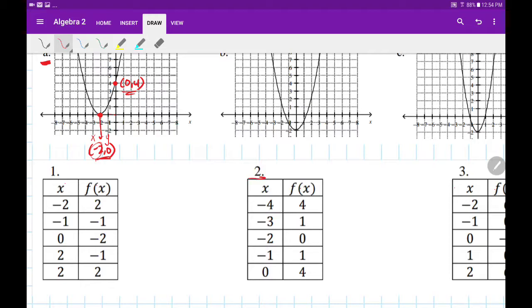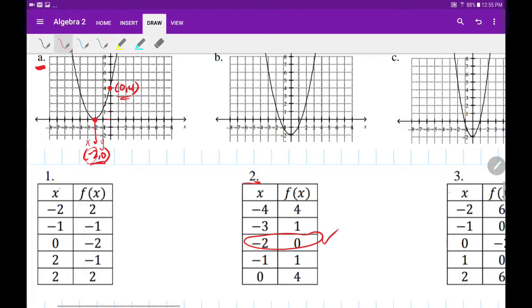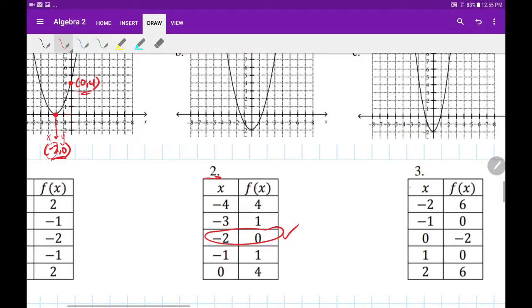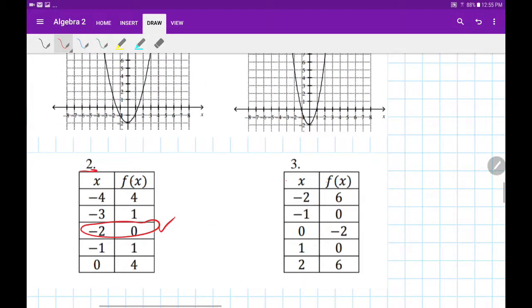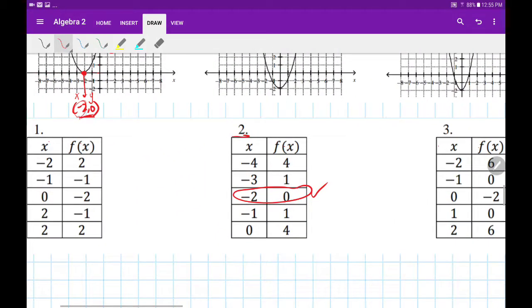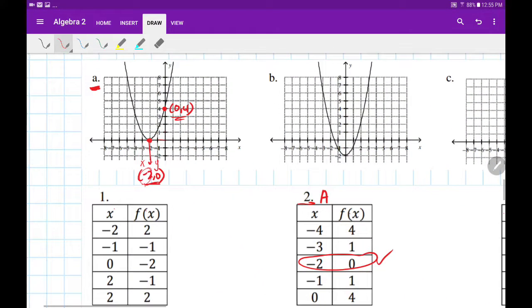At -2, my y value is 0. Yep, that one checks out. So this checks out, but I'm not done. What if number 3 also has that? We've got to check. So at -2, I'm looking for a y value of 0. When x is -2, oh, that y value is off. So we know that we were actually right on when we said this one matched with letter A.